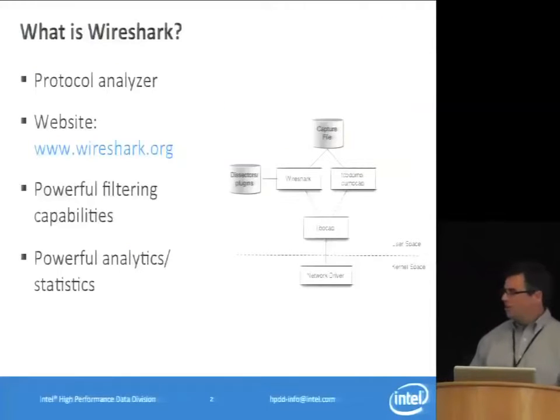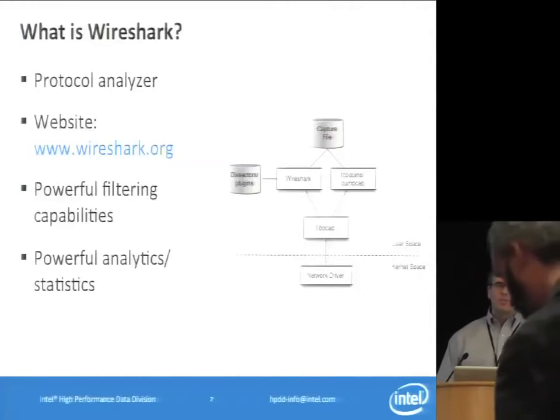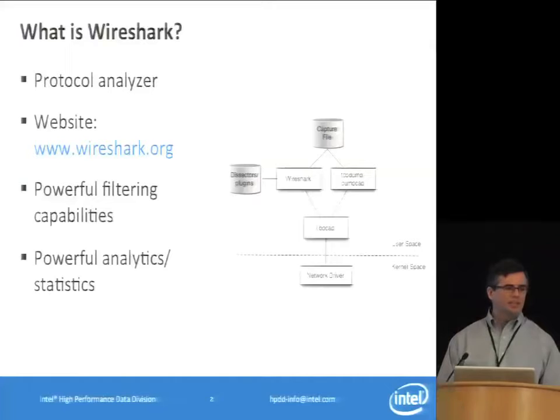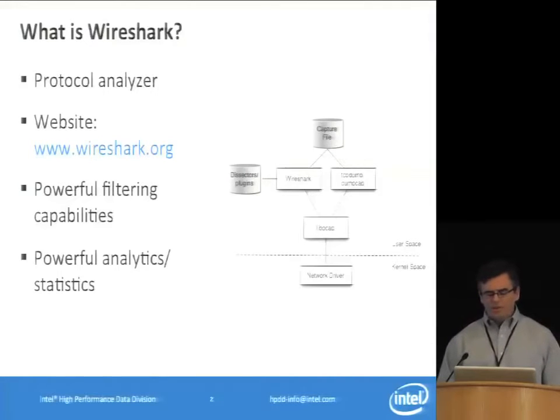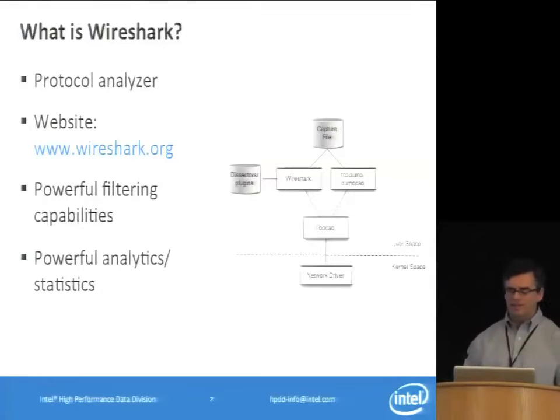So what is Wireshark? Wireshark is an open source GUI-based application for doing protocol analysis. You can get Wireshark for Windows, for Mac, and of course for Linux. As a protocol analyzer, it allows you to capture packets as they come across a network interface. It's taking a copy of the packets going in and out of a network interface.